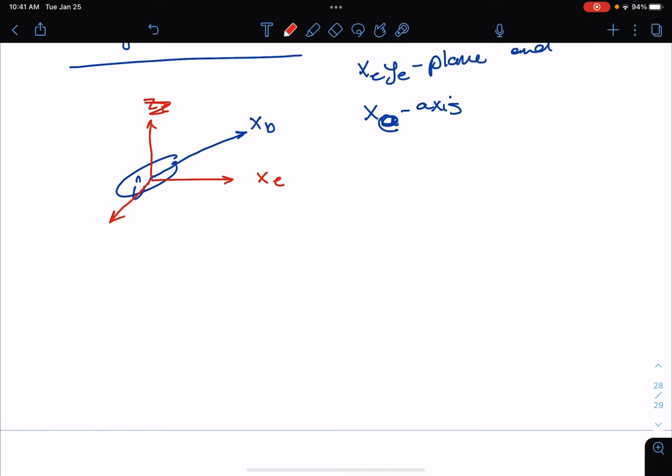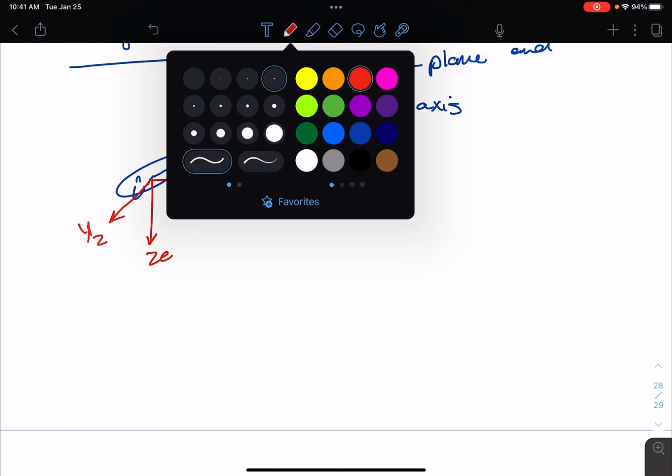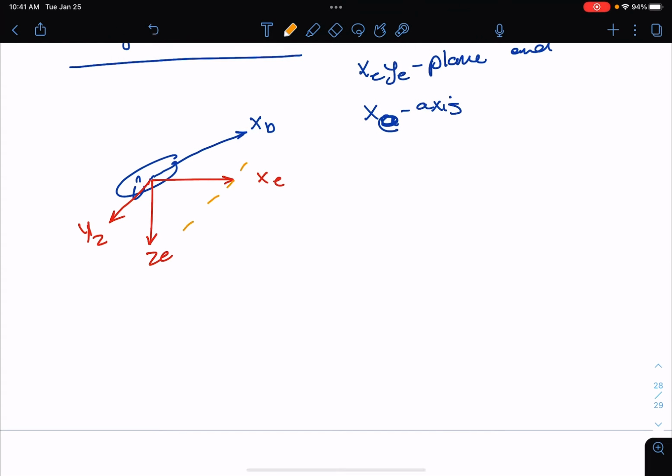On the other direction. So the projection of this XB on this plane, let's say this projection is this, X of B prime.